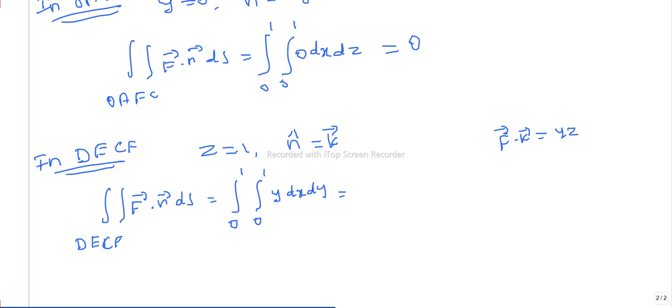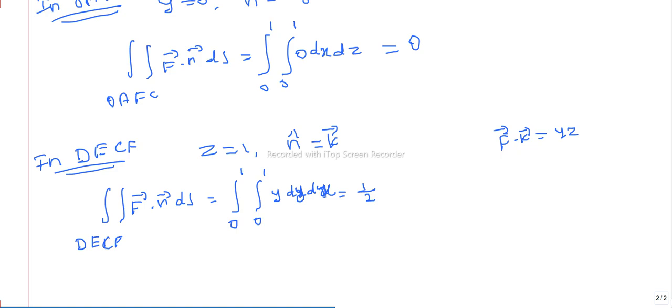So first you integrate with y and then with x. Therefore y square by 2. If you integrate with respect to x, we get x, substitute upper and lower limits, we get 1. Therefore we get y square by 2, and if we substitute upper and lower limits, we get 1 by 2.